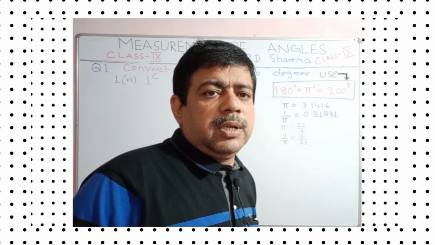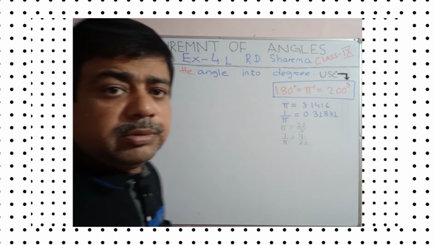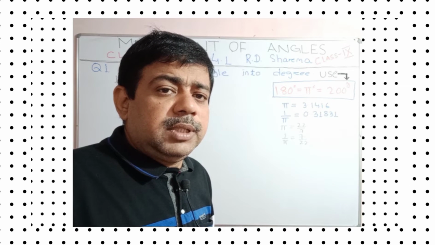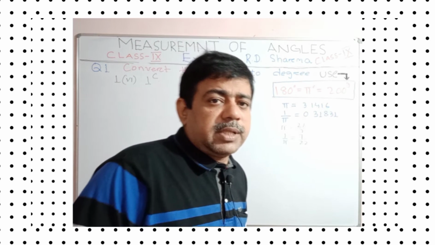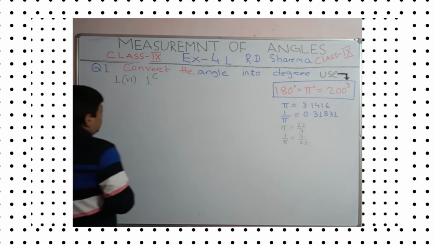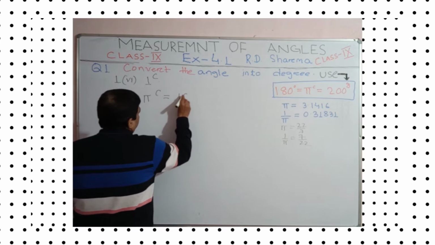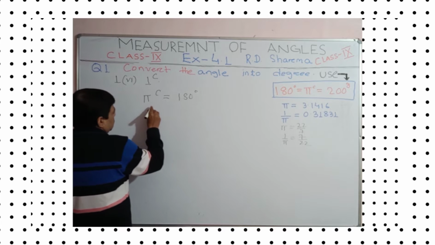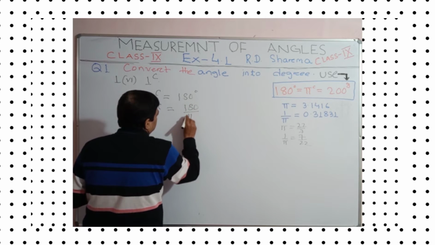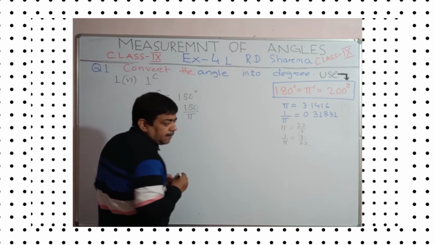So question number 1, last bit, the 6th bit, we are going to explain here. The question is given 1 radian, and we are going to convert it into degree. In a similar process, you all know pi radian is 180 degree. 1 radian is 180 by pi.